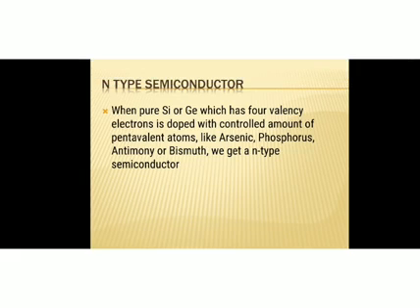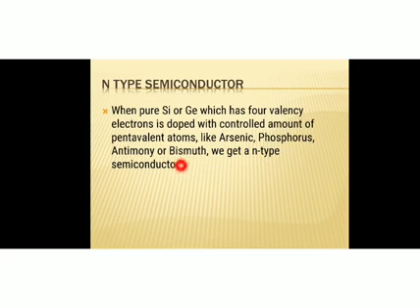N-type semiconductor. Whether N-type or P-type, some amount of impurities are added, but the nature of impurities added will be different. That is the difference. So when pure silicon or germanium, which has 4 valence electrons, is doped with a controlled amount of pentavalent atoms like arsenic, phosphorus, antimony or bismuth, we get an N-type semiconductor.